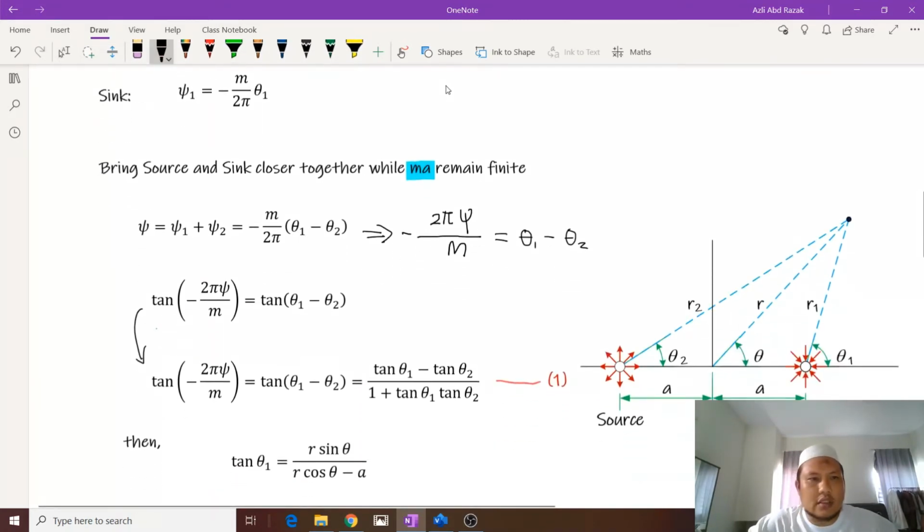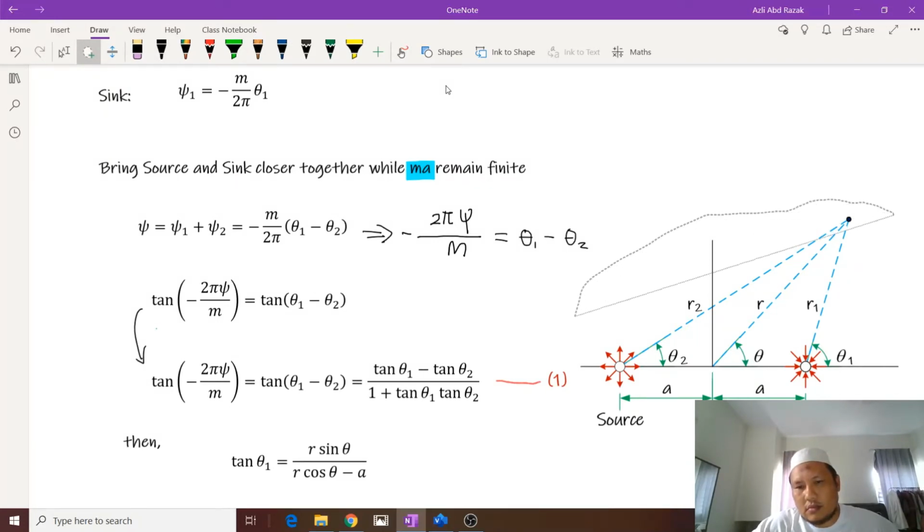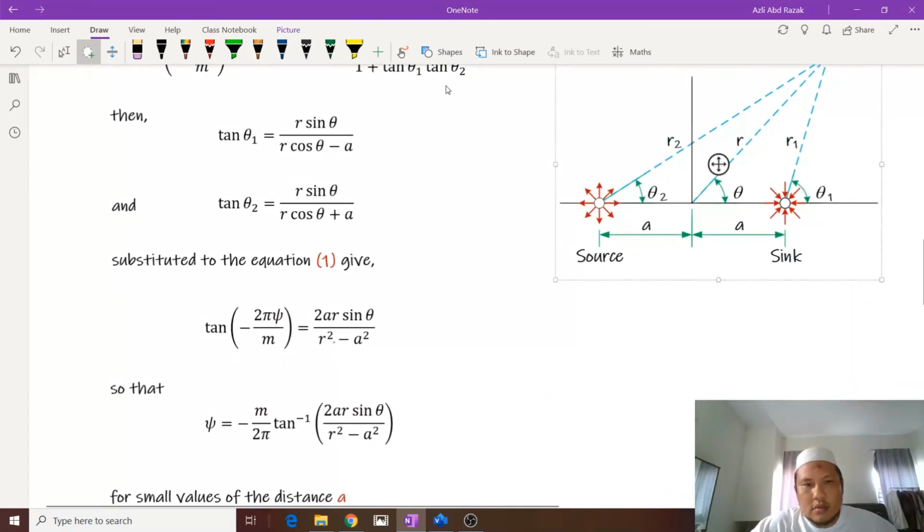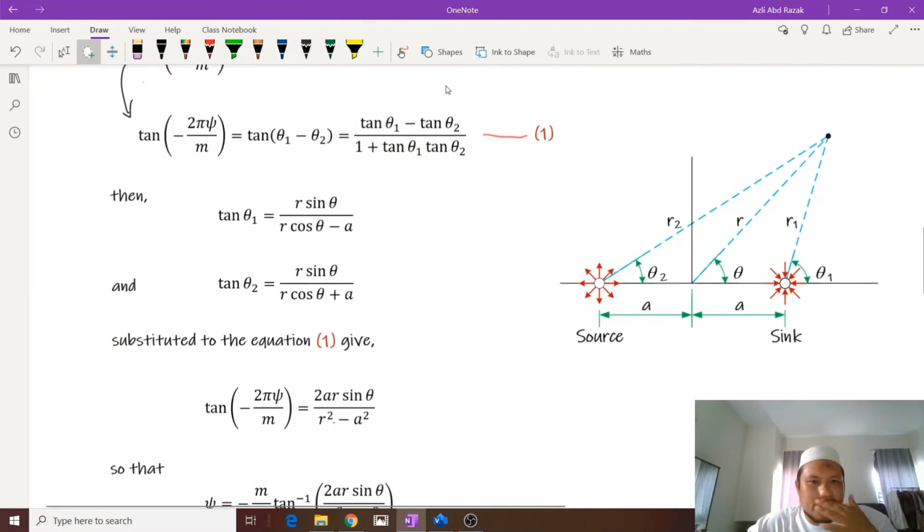To help you understand this scenario, let's say I put this line here and name it line r sine theta.